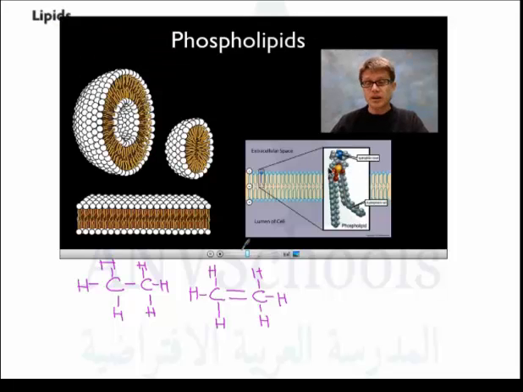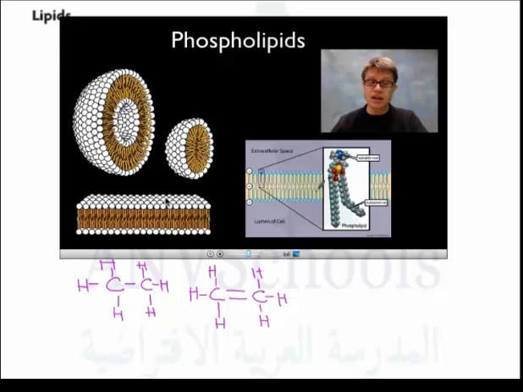Then we have phospholipids. Phospholipids are part of the cell structure and they are very important because they have chains which are both hydrophobic and hydrophilic.